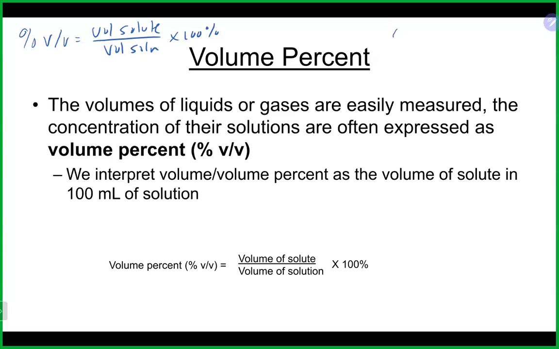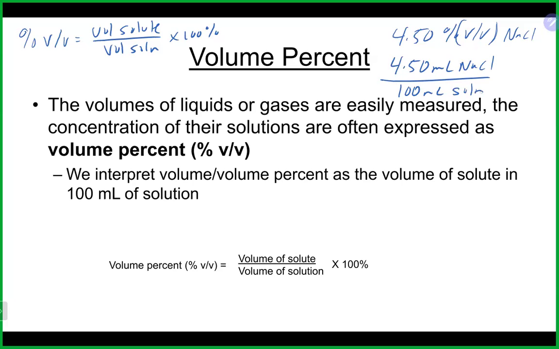If you had a 4.5% volume to volume sodium chloride solution, you could also turn that into a usable conversion factor. That would mean you have 4.5 milliliters of sodium chloride in 100 milliliters of solution. Or again, you can flip it around the other way. 100 milliliters of solution would have 4.5 milliliters of sodium chloride.